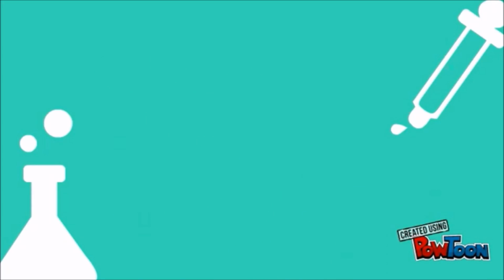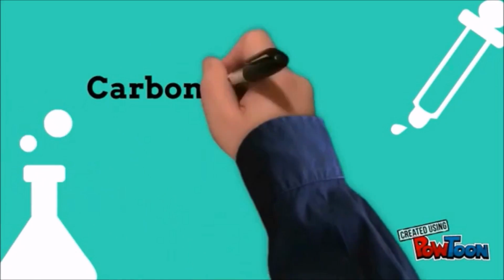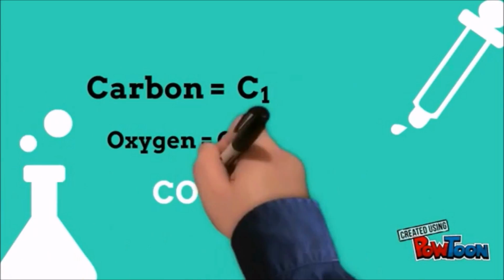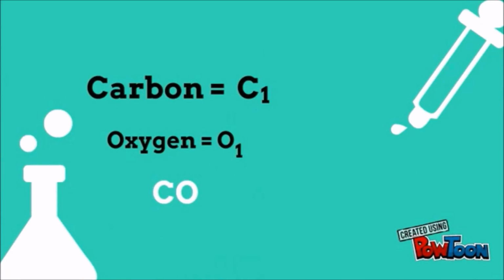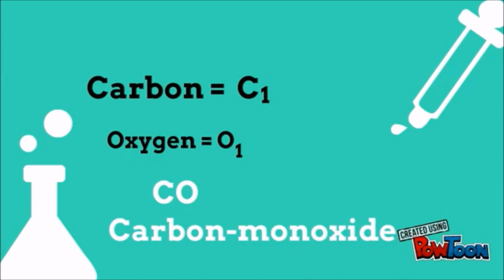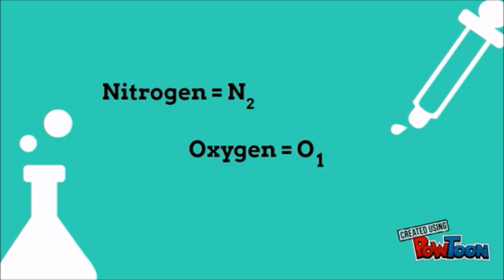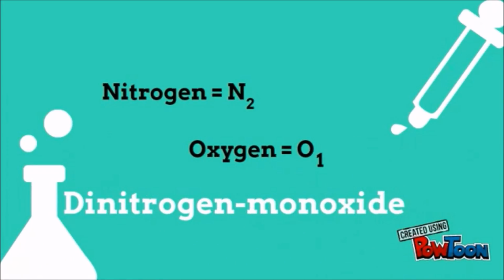For example, we have carbon with oxygen that has a single atom. It will be read as carbon monoxide, since oxygen has only one atom. If the first element has only one atom, you may not write the prefix; otherwise you should. If you have two atoms of nitrogen and one of oxygen, it will be dinitrogen monoxide.